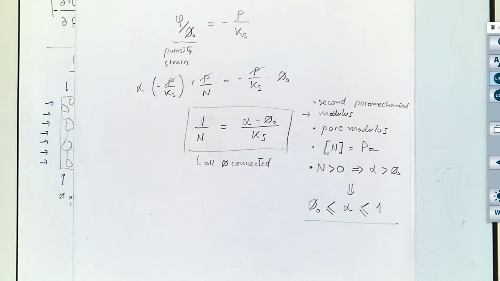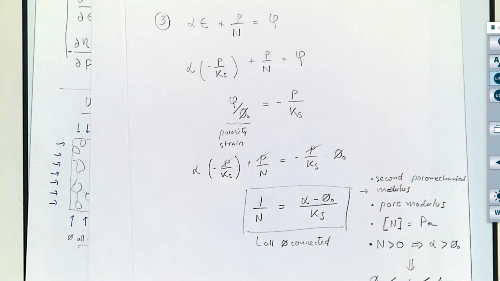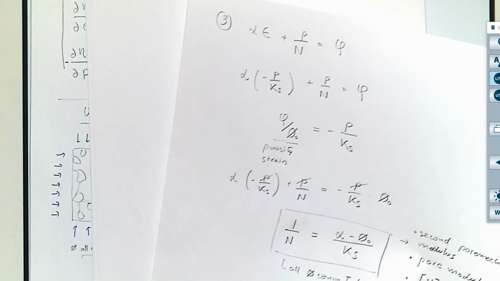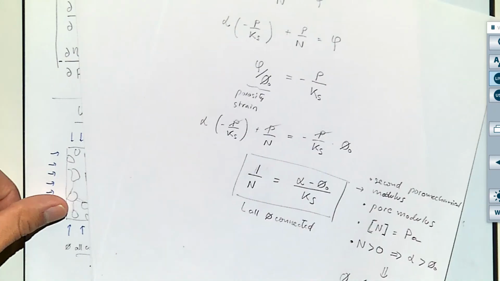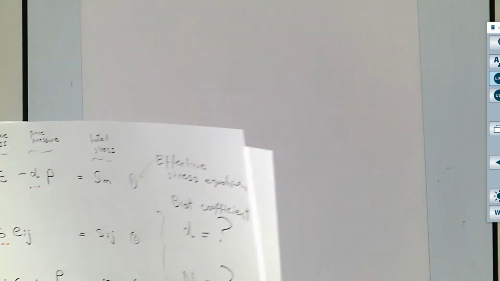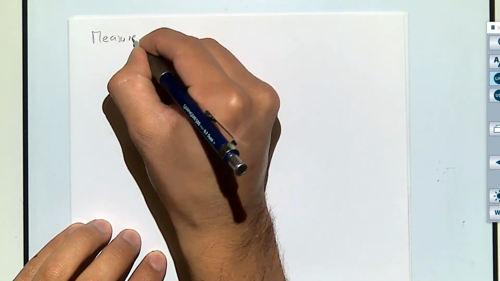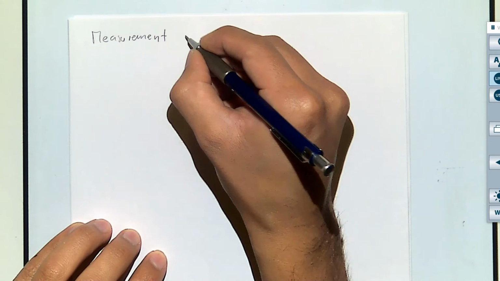But they are helpful in order to understand what they are. In general, we are not going to have rocks with all connected porosity. We're never going to have that. So we cannot use those equations in a straightforward manner. So we're going to have to use some other methods in order to measure the Biot coefficient. And we're going to see three methods.